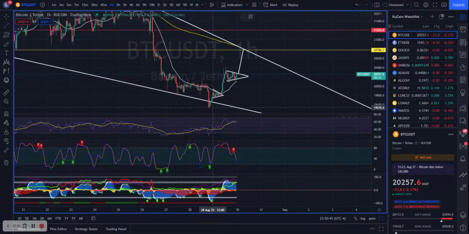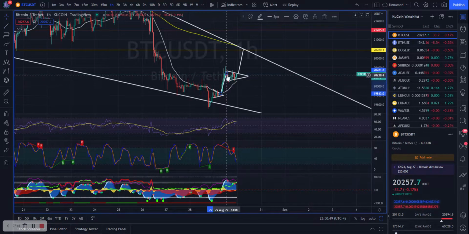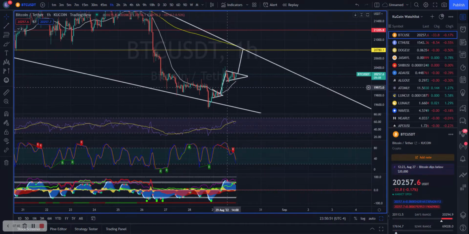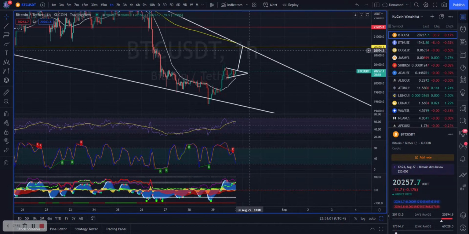It looks like this flag right here actually got us to our price action that we're at currently, and now we're making another flag. So it looks like we're going to go incrementally in this one, and I'm going to take the more conservative route, just to be sure that if we're in any trades we would get out at resistance here, or at least analyze the situation once we get to this point.